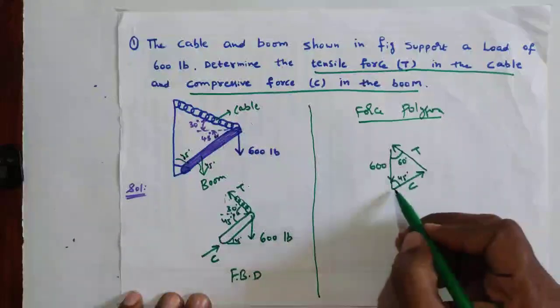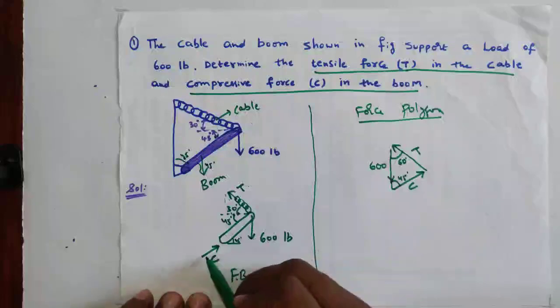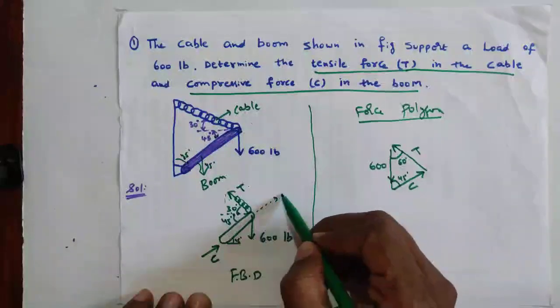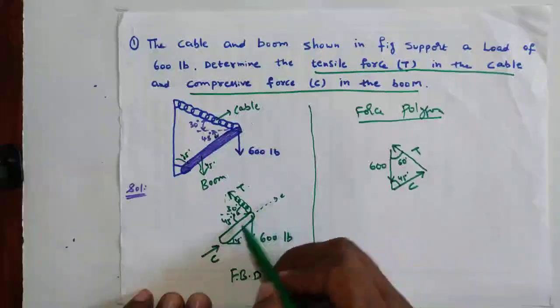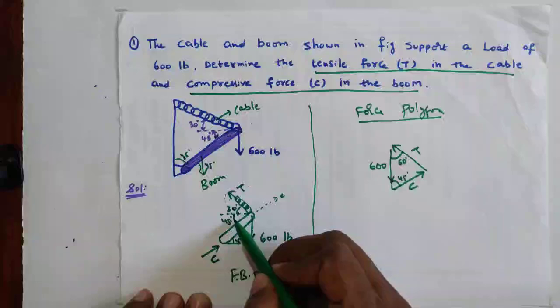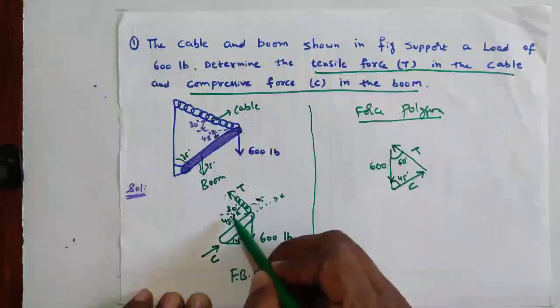Two angles we came to know, and the third angle is between T and C. If I extend this C here, this is a 180 degree line. Here already 45 plus 30, this is a 75 degree angle, and the remaining, 180 minus 75, is 45 degrees.